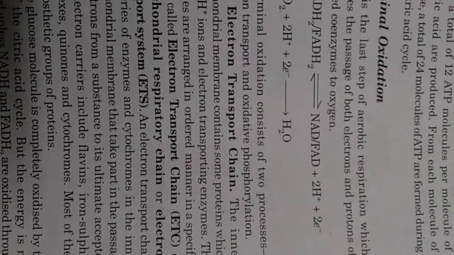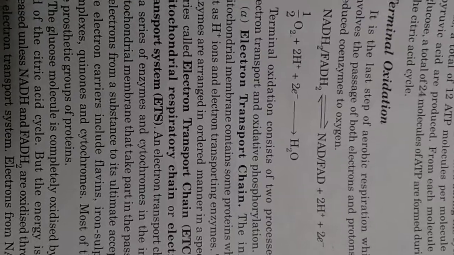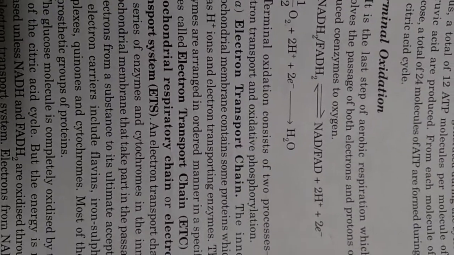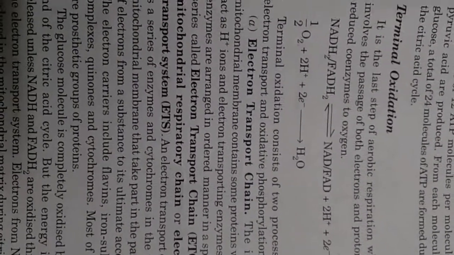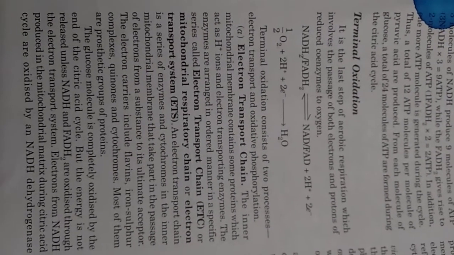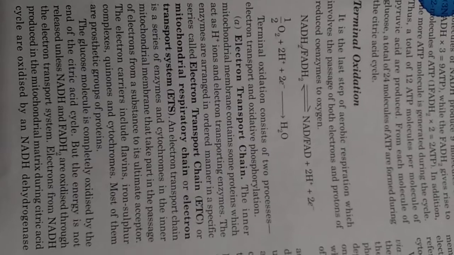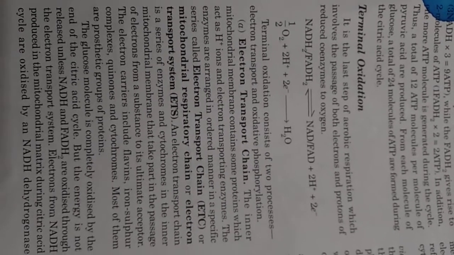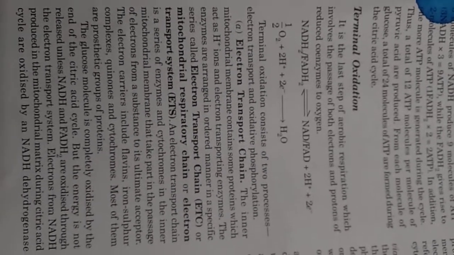Now, as I told you, there is a series of electron carriers. There are 5 major electron carriers: flavins, non-heme iron sulfur complexes, quinones, and cytochromes.